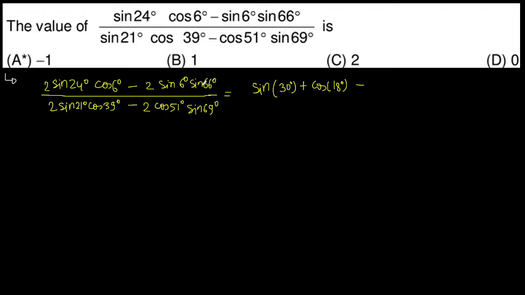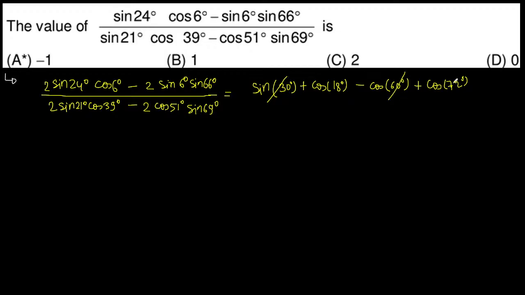This is sin C sin D. That means it is cos (C minus D) minus cos (C plus D), cos 72 degree. If you see, the 1 by 2 cancels.